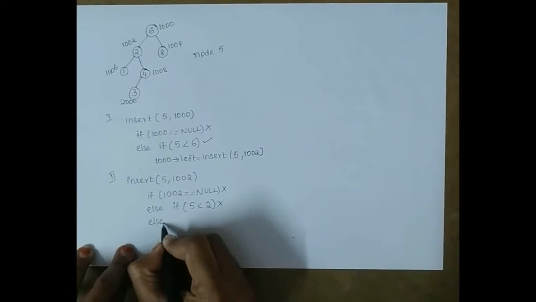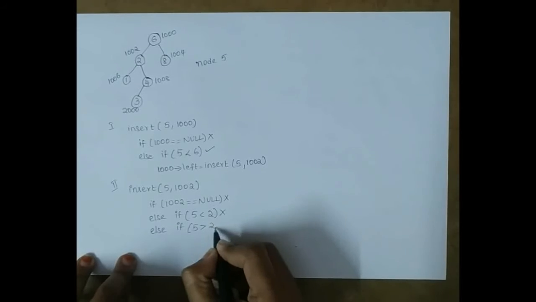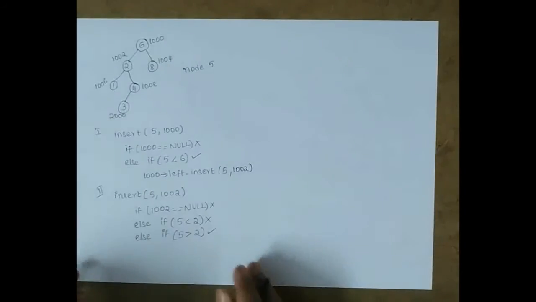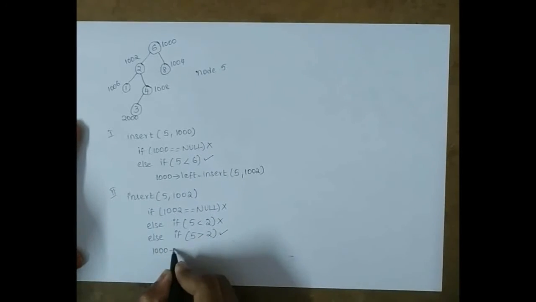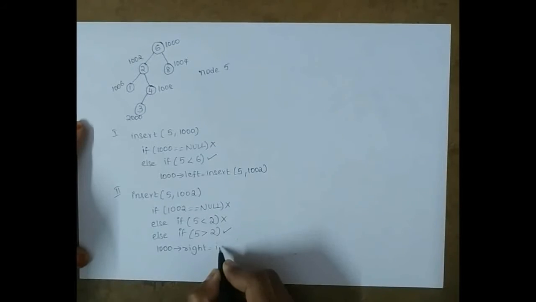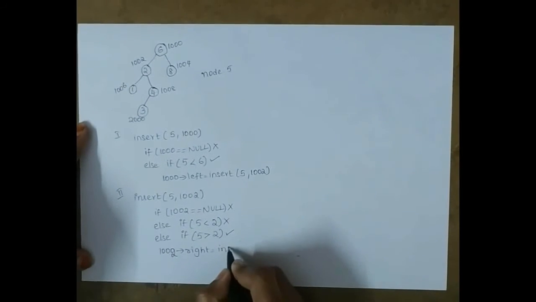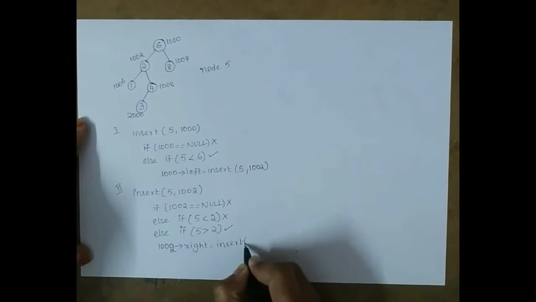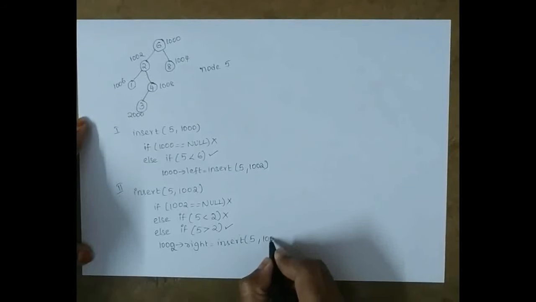So again I am checking another else if block, else if 5 is greater than 2. Yes. So now 1002 of right equals insert 5 comma 1002 of right, that is 1008.